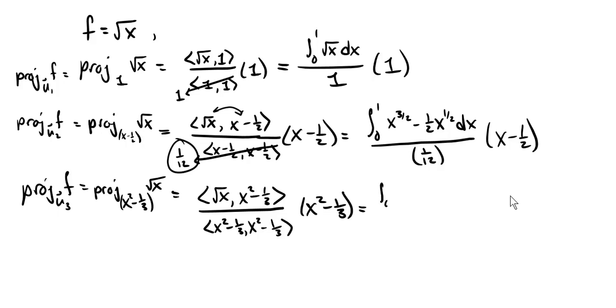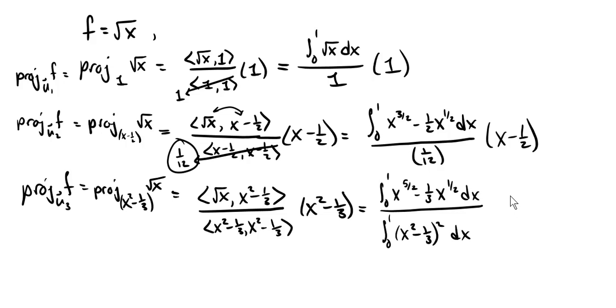This last one, 0 to 1, looks like I get x to the 5/2 minus 1/3 x to the 1/2, all over this guy times himself here, that times x squared minus a third.